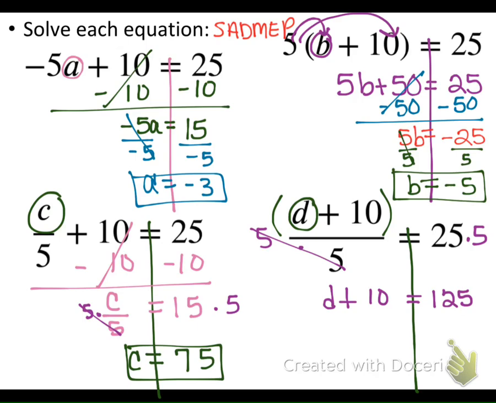Okay. Now I'm down to a one-step equation. How do I get the D by itself? -10. Yeah, negative 10 or subtract by 10 on each side. Cancel. Left side, I bring down my D. My right side, what's 125 minus 10? 115. And box it.